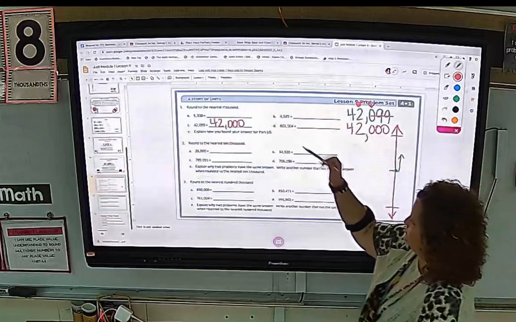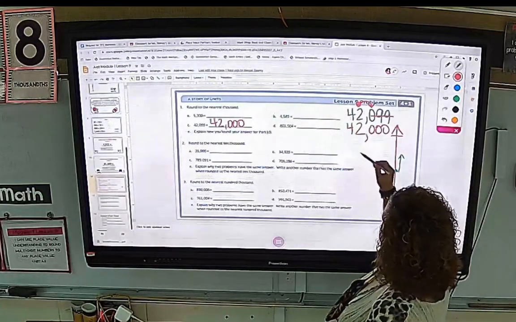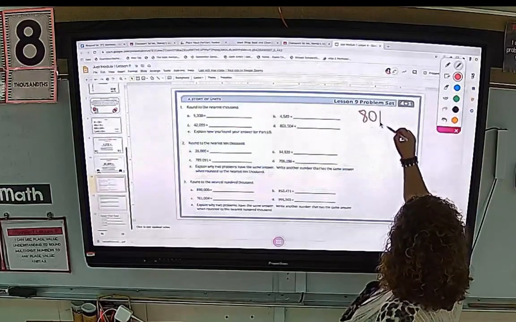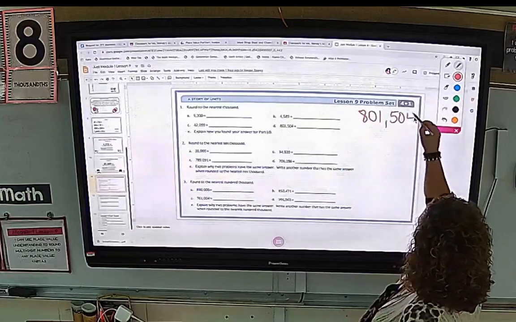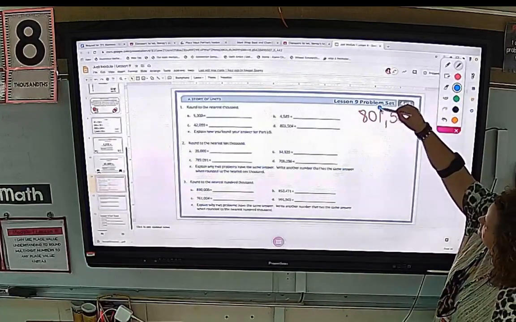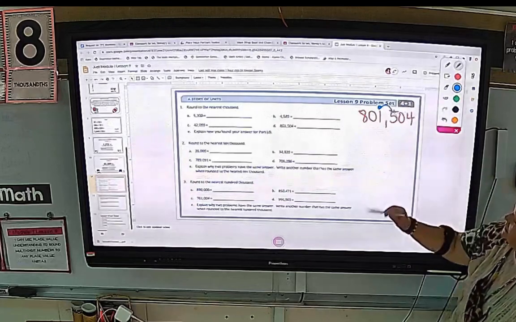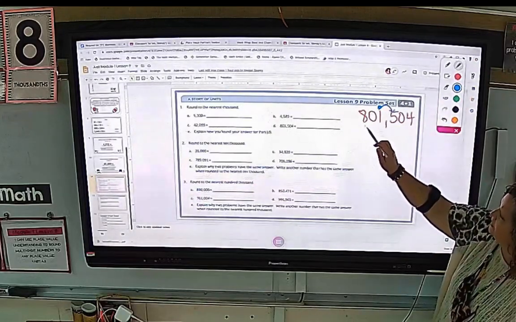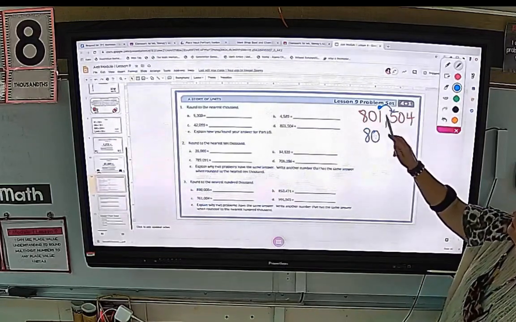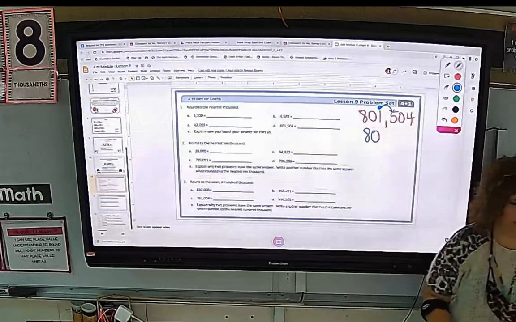Let's look at D. 801,504. Thousands place. Look next door. Okay, so I'm going to bring down the 8. I'm going to bring down the 0. Is that 1 going to change?